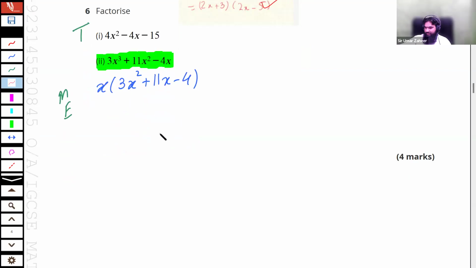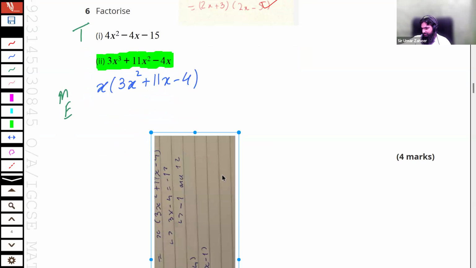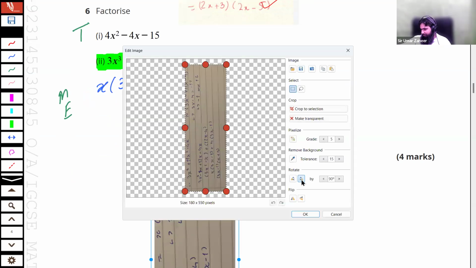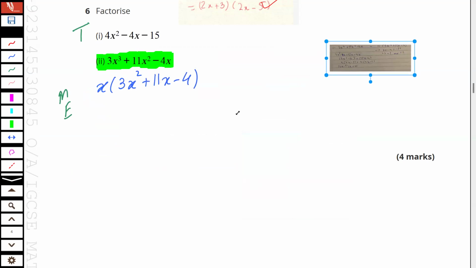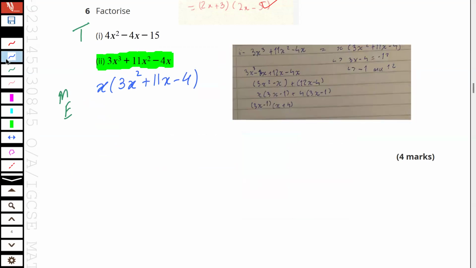When you're sending the picture, just try your best to send it in portrait form like this. Okay, so I start. Where does x go?